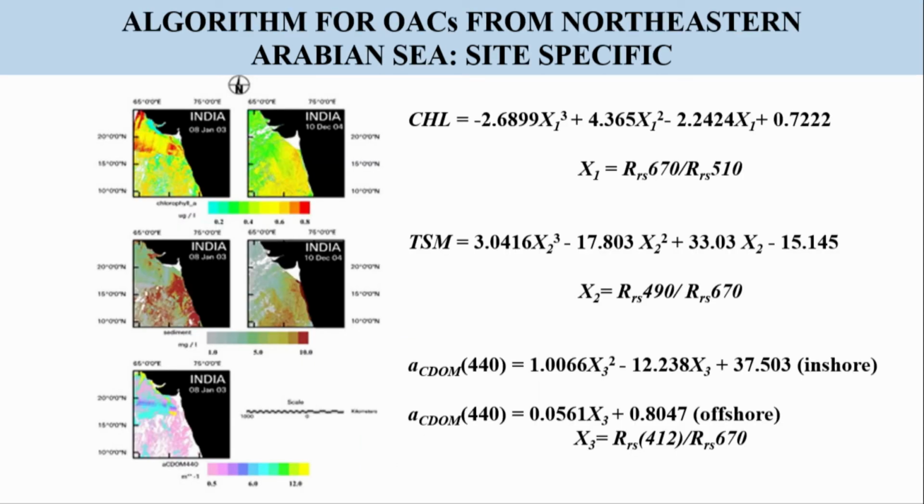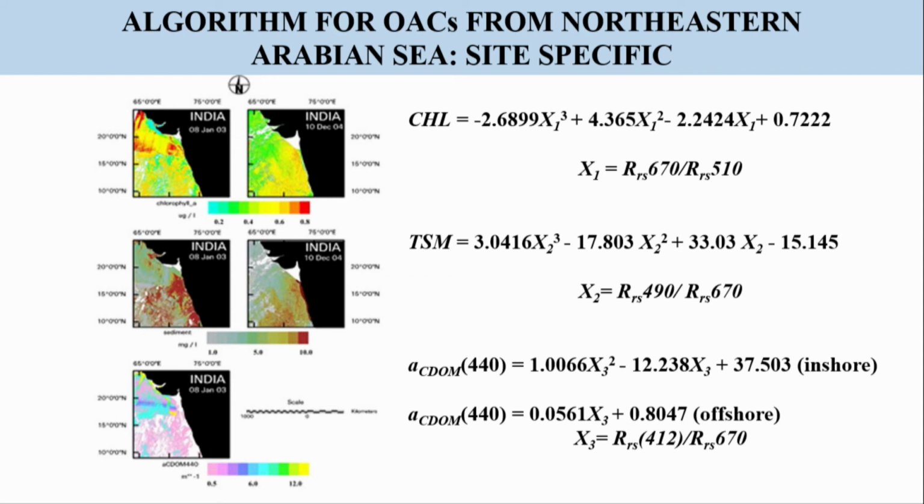And this particular algorithm, again a site specific algorithm, has been developed for the northeastern Arabian Sea. And here in this algorithm you can see chlorophyll is a third degree polynomial, and the wavelengths used are 670 and 510 nm.